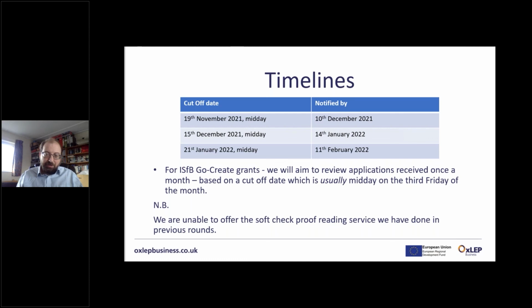And just to note that we're not able to offer the soft check proofreading service that we've done in previous rounds. So people who've seen previous versions, certainly pre-COVID versions of the Go Create Grant webinar, please be aware that we're not able to offer that service that we've done before. Next slide, please.